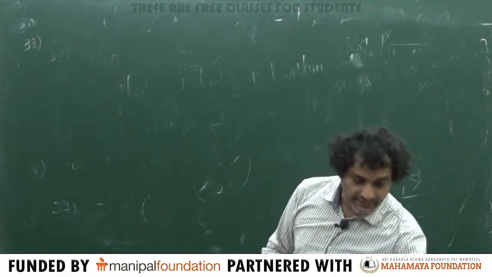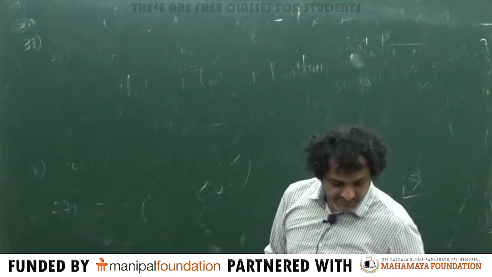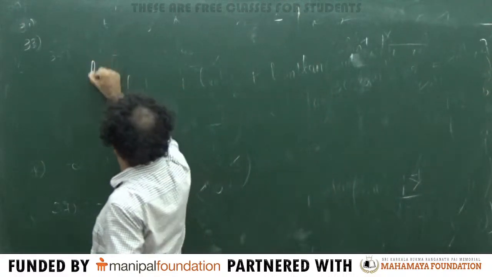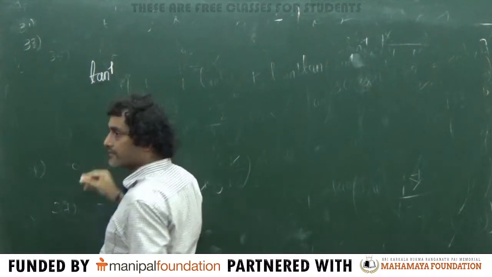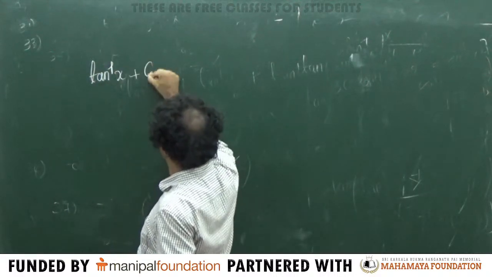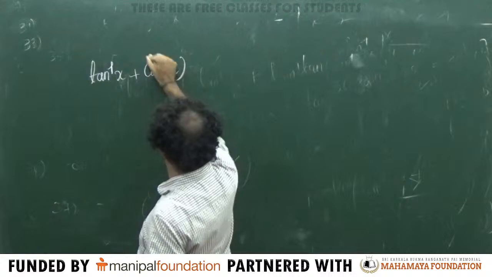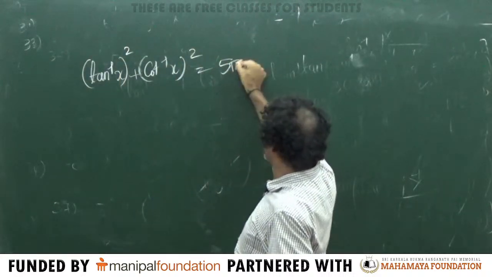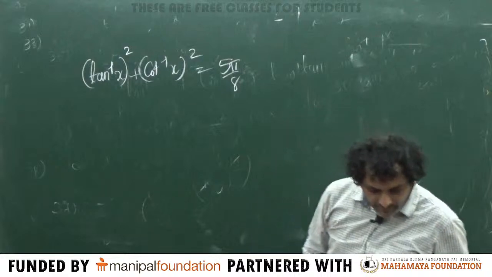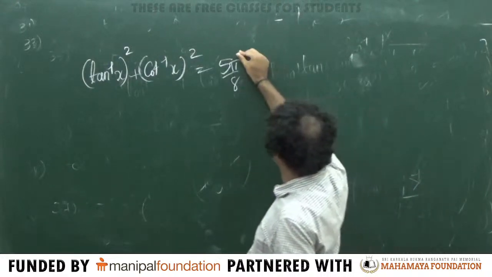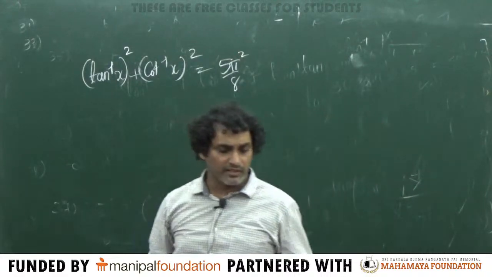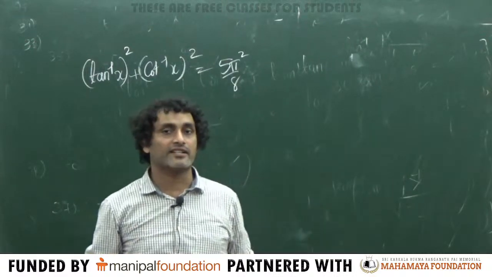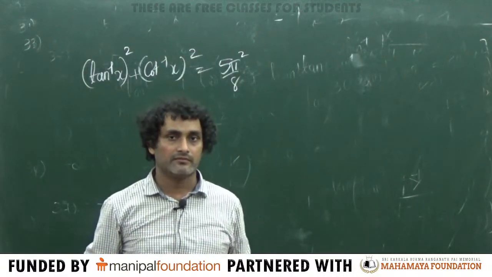Have they given tan inverse x the whole square plus cot inverse x the whole square is 5 pi square by 8? We know one rule, right? That tan inverse x plus cot inverse x is pi by 2, correct?